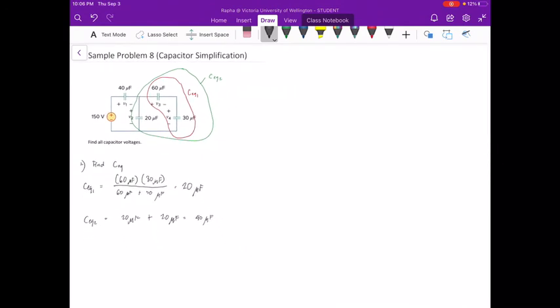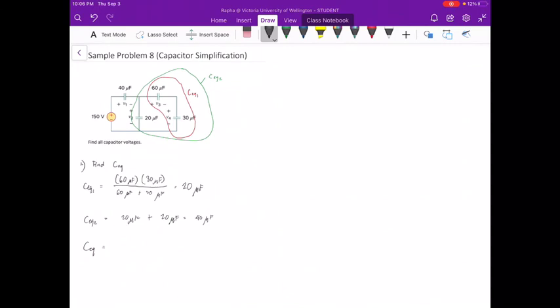The next thing that we can do is to simplify this further to the last remaining capacitor, which is the 40 microfarad, the nearest capacitor to the voltage source. And we don't need to label that as our CEQ3, because that ultimately becomes our final equivalent capacitance.